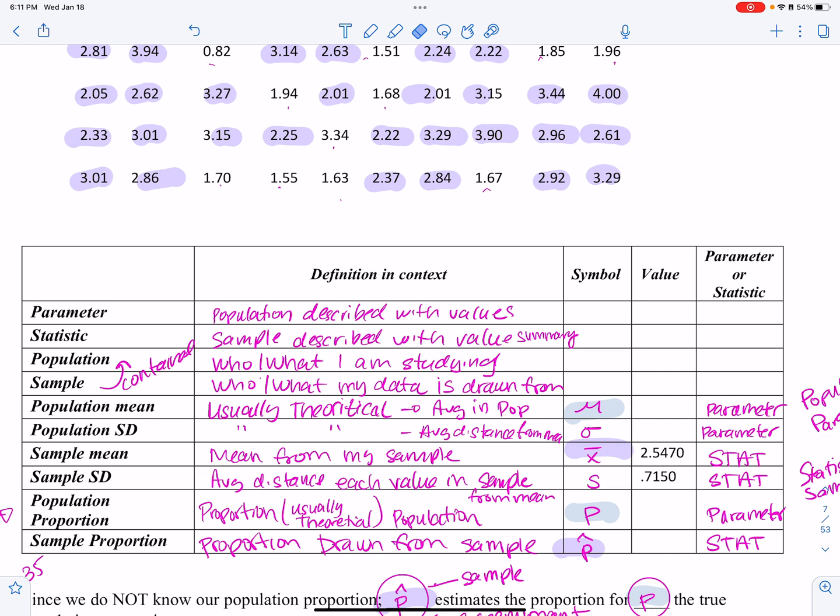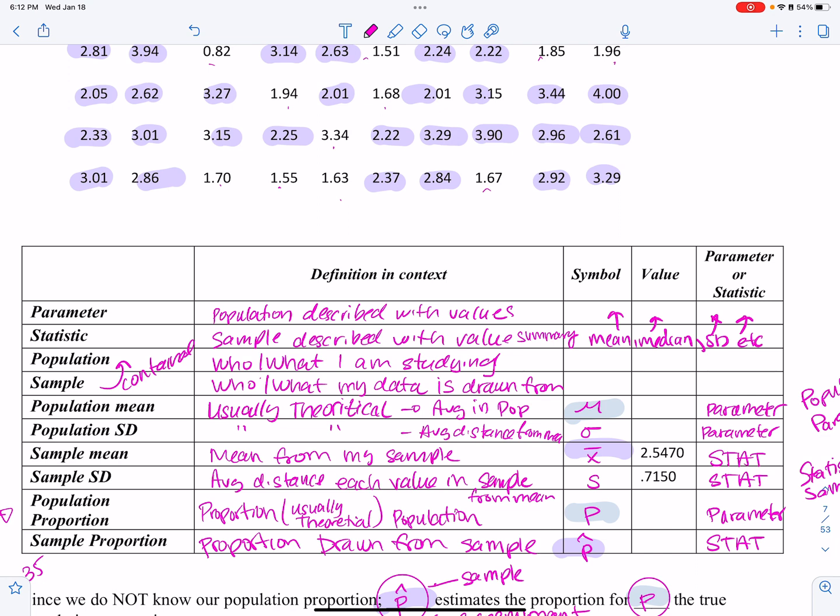A statistic is a sample that is described. It's a numerical summary from my sample. Statistics are drawn from my sample, and it can be mean, median, standard deviation, etc. The difference is the parameter is typically theoretical because I don't usually know the population.